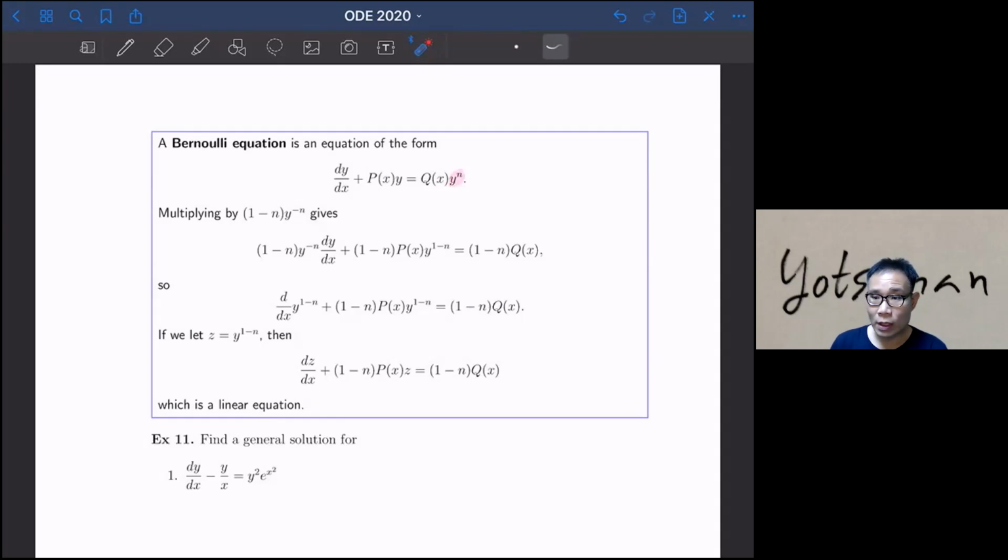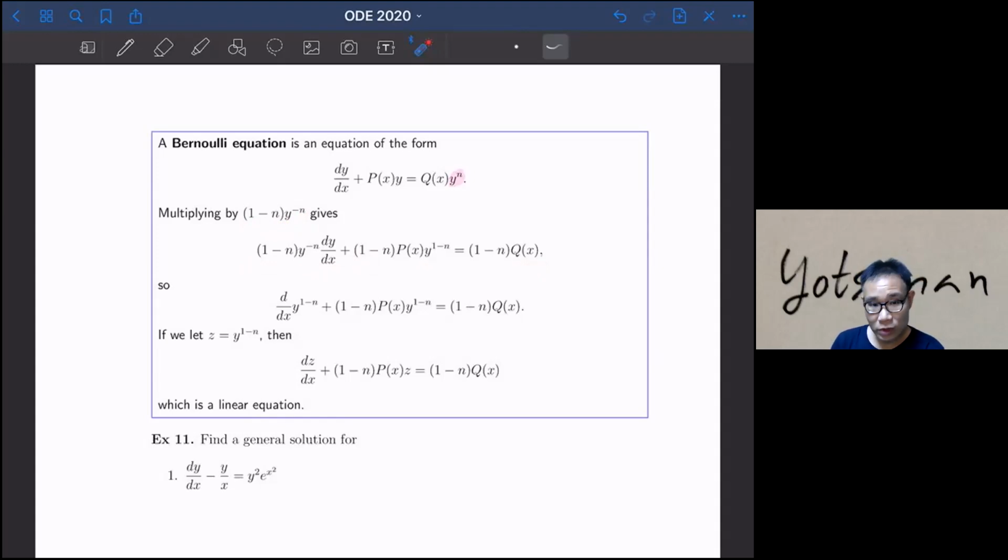So we're going to get rid of y to the n by multiplying by y to the minus n. Okay, so you multiply by y to the minus n, and you also multiply by 1 minus n. So it's going to be (1 minus n) y to the negative n dy/dx, and everything turns out to have this term.